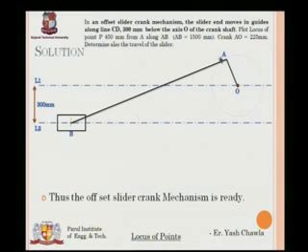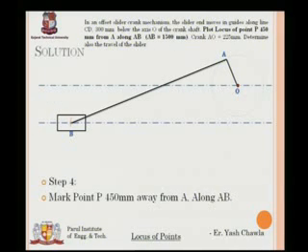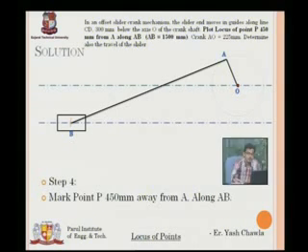So AB is this, A is this, and it is going to be 450 mm away from point A. So I will again take a radius equal to 450 mm. Why 450 mm? Because the point P is 450 mm away from A. I'll put my pointed end at A and cut an arc on AB and mark it as point P.